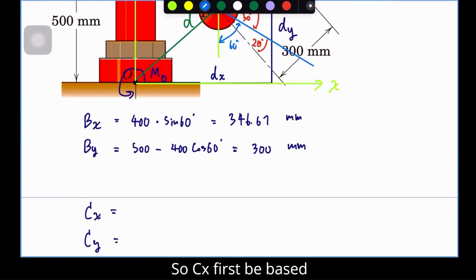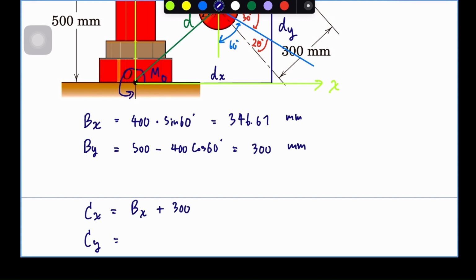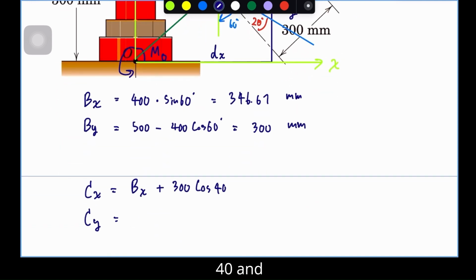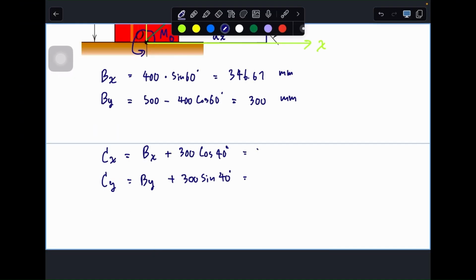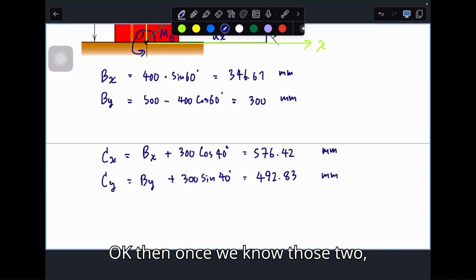We will use that to calculate our cx. So cx is based on the b value: cx equals bx plus 300 cos 40, and then cy equals by plus 300 sine 40. That should give us around 576.42 millimeters and 492.83 millimeters.